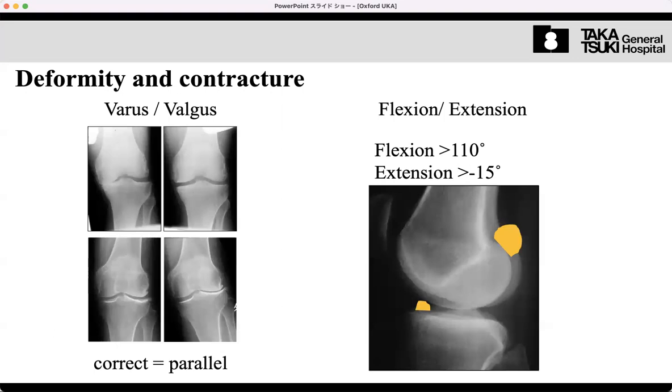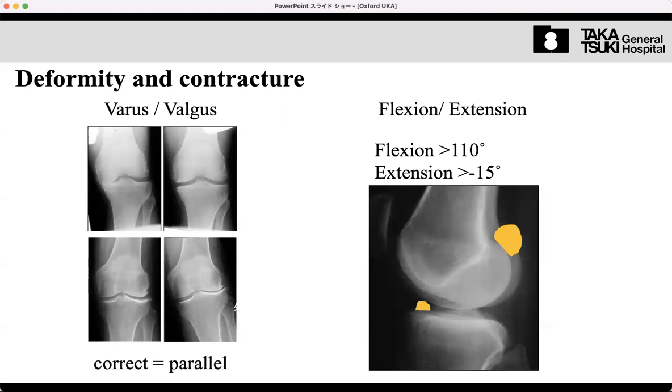So please imagine if we remove these osteophytes, the patient can extend more and the patient can flex more. So that might not be a contraindication of UKA.